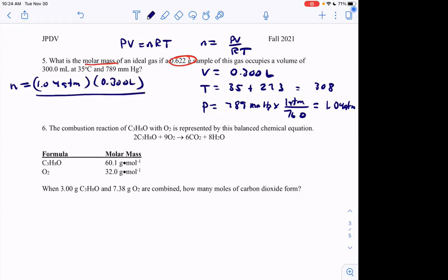Of course, you'll have R, that'll be given to you on your constant sheet, 0.0821 liter atmospheres per mole Kelvin. And then I need temperature, which is 308 K. And this gives me 0.0123 moles.